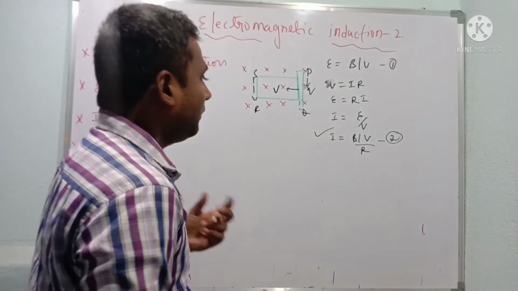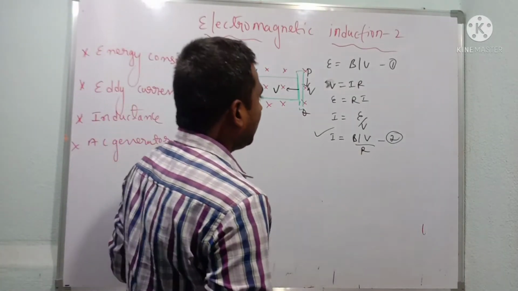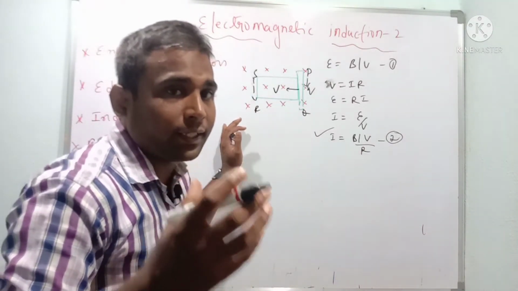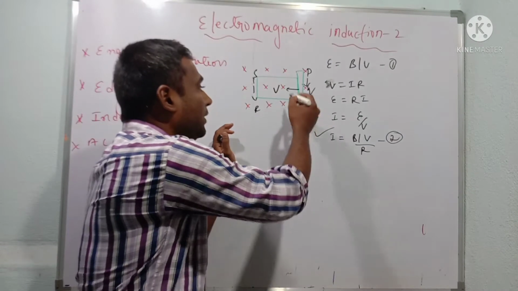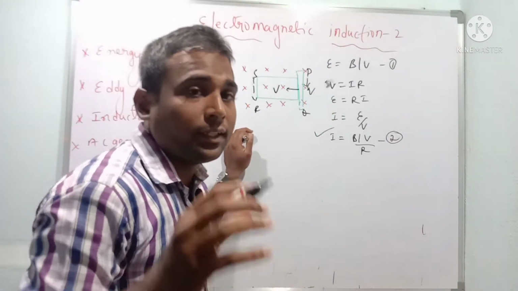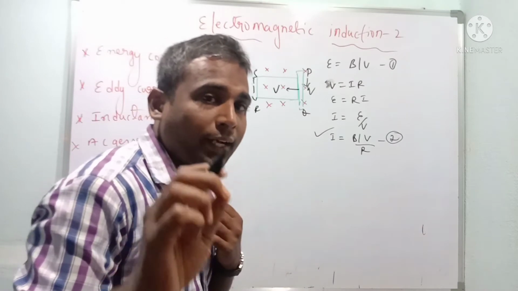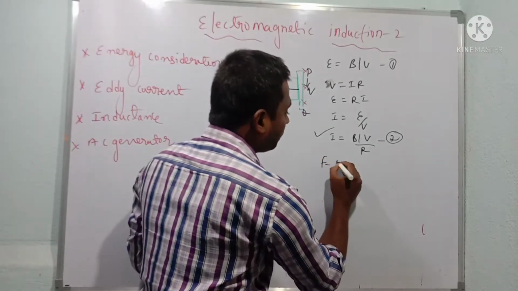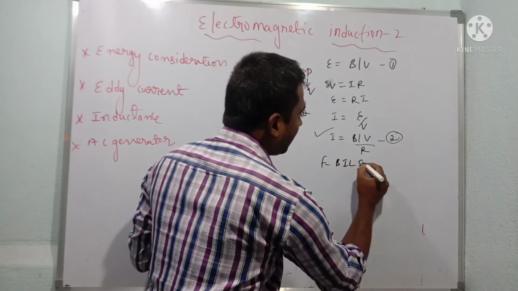So now we have our current. We know that whenever a current carrying conductor is kept in the magnetic field, it experiences a force, given by F is equal to BIL sin theta.